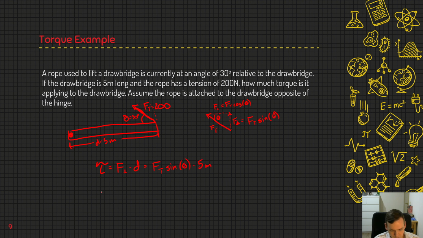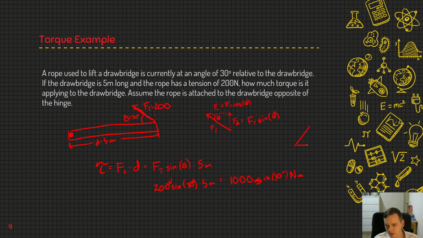And so if we run those numbers, we get 200 times sine of 30 degrees times 5 meters, which is 1,000 times sine of 30 degrees, Newton meters.